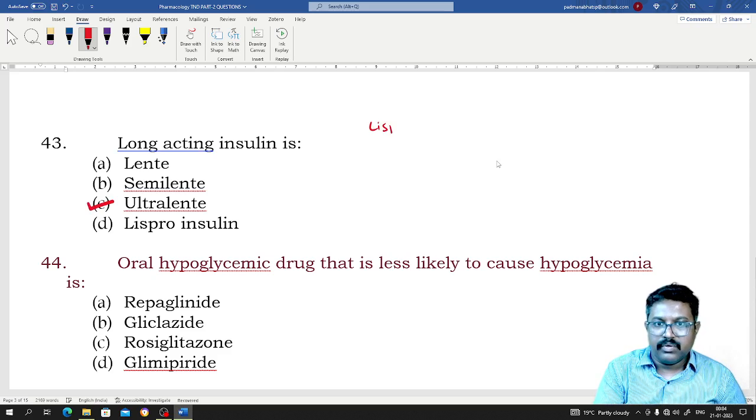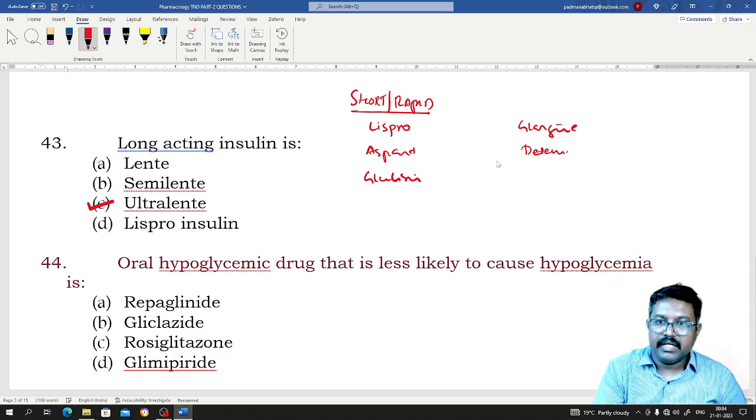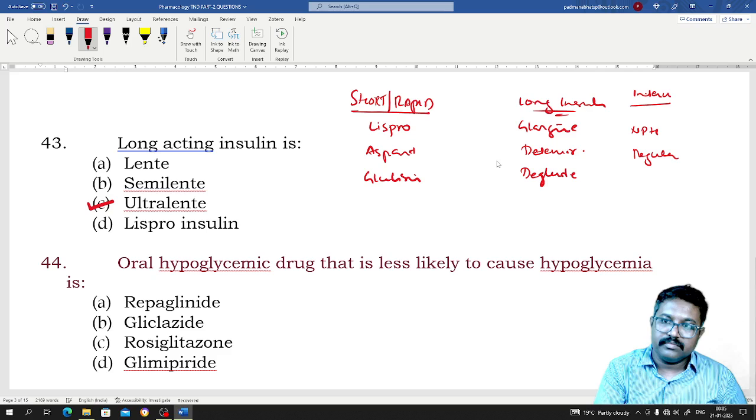Insulin lispro, aspart, glulisine are all short acting, also called rapid acting insulin preparations, whereas glargine, detemir, degludec belong to the long acting insulin preparations. NPH and regular insulin fall under intermediate insulins.